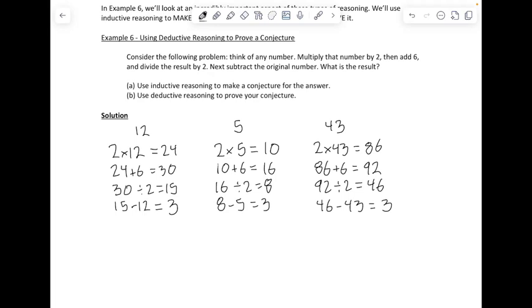As usual, when using inductive reasoning, we can't be completely sure that our conjecture is always true. But at this point, it does seem like it would at least be worth the effort to see if we can prove that our conjecture is true. The evidence that we have so far does seem to support the conjecture that the result is always 3 if we do this process.